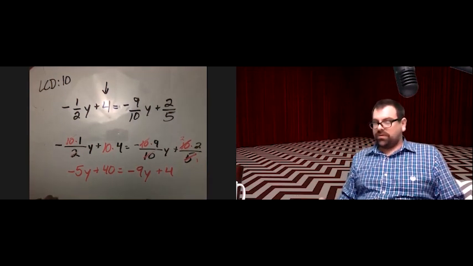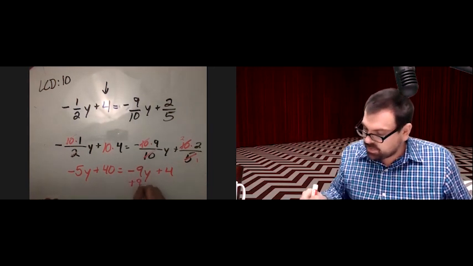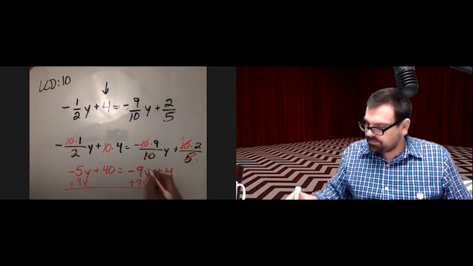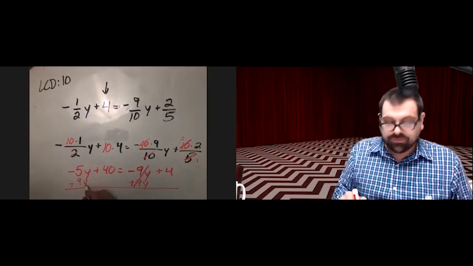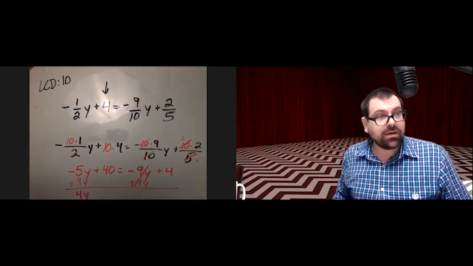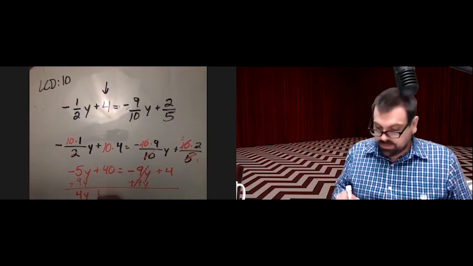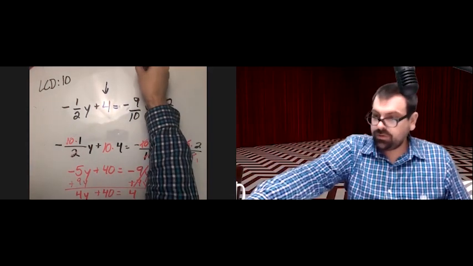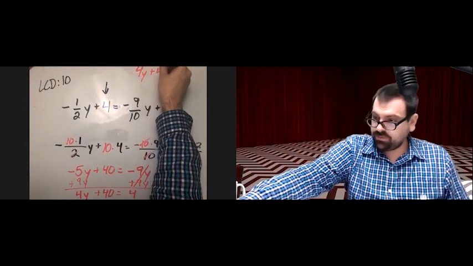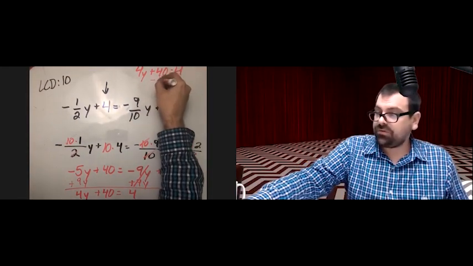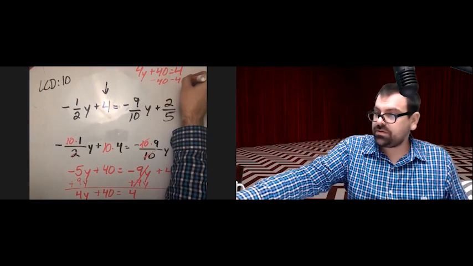We can solve. I'm going to add 9y to both sides. Negative 5y plus 9y is positive 4y. Plus 40 equals 4. From 4y plus 40 equals 4, subtract 40 from both sides.